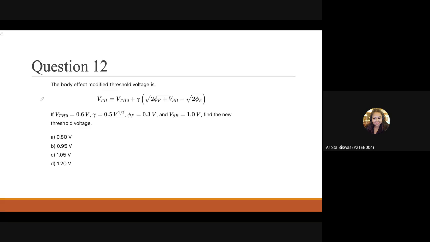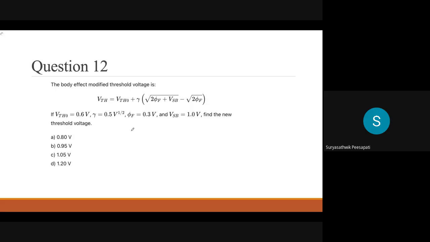Please try to calculate this threshold voltage. Option A, ma'am, 0.08 volt.